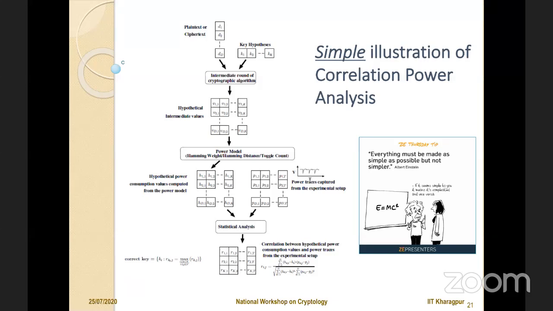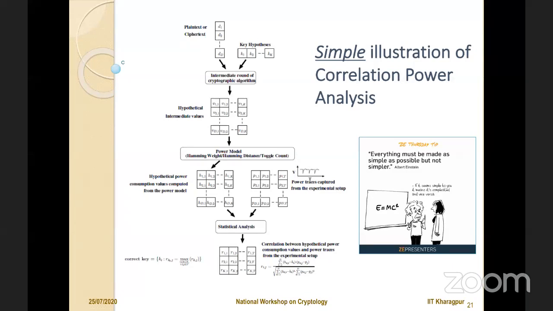So right now you have D encryptions which are being done, so you have D ciphertexts. Now you take the ciphertext, and you know that in the last round of AES, or rather AES 128 in particular, there are 16 bytes of the key, and I want to recover the entire 128-bit secret key.